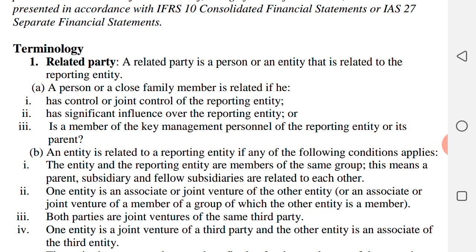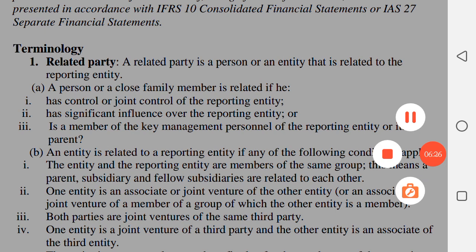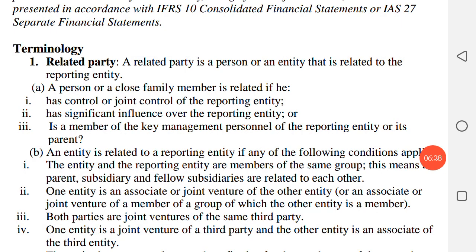Then third, it is a member of a key management personnel of the reporting entity or its parent. So when these three items are in place, then we said that individual, that person is related to that reporting entity.